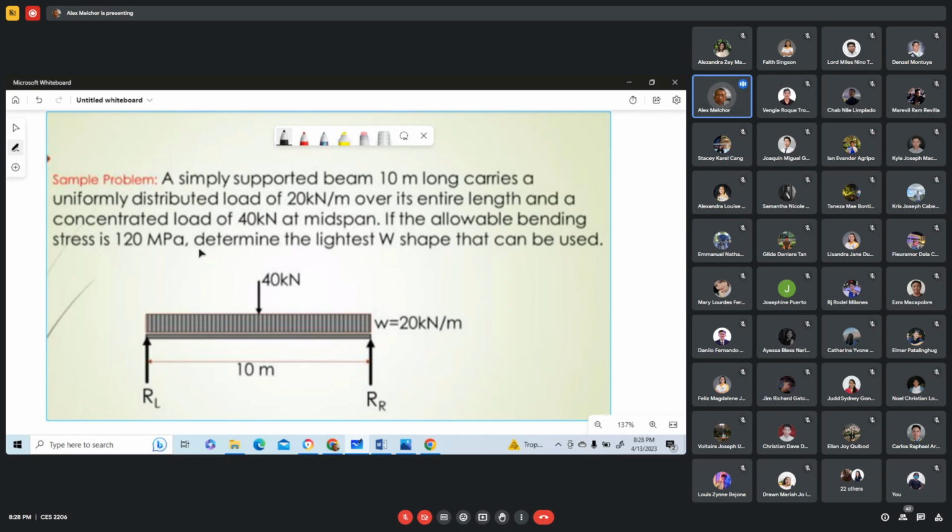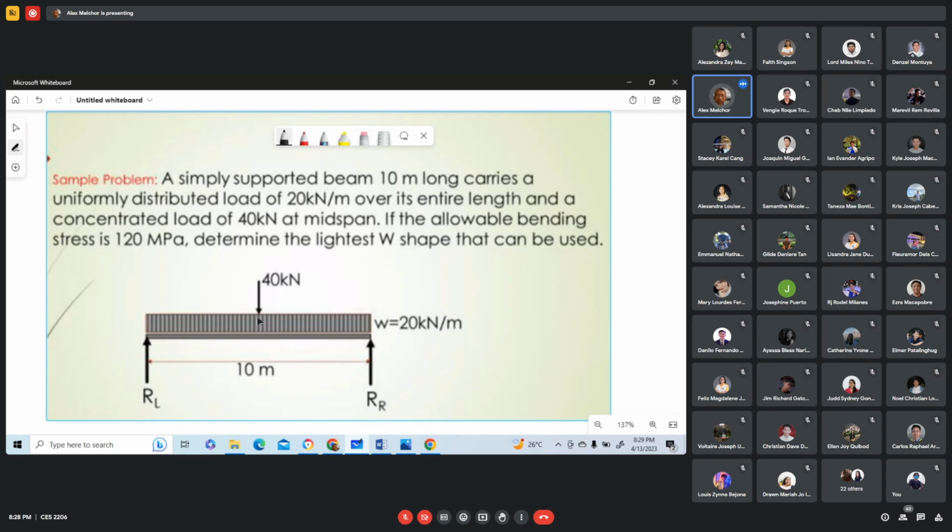Now, you are required to determine the lightest W shape that can be used. Okay. So how do we determine this lightest W shape? To solve this problem, what we do here is we first solve for the reactions. Okay, solving for the left reaction and the right reaction.